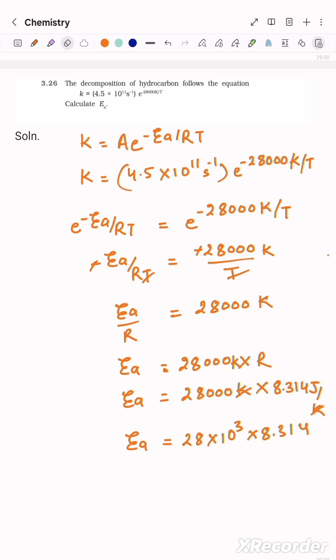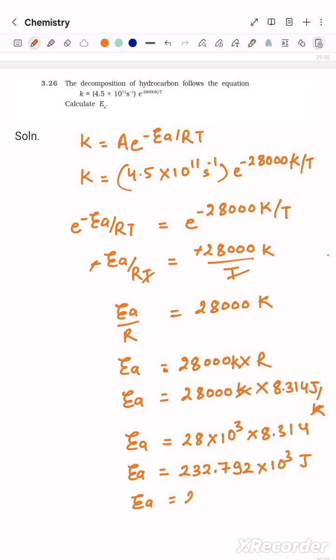Now Ea is equal to what? 232.792, and 10 to the power 3 joule is also written as kilojoule.